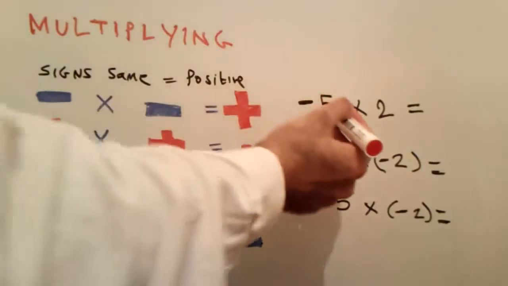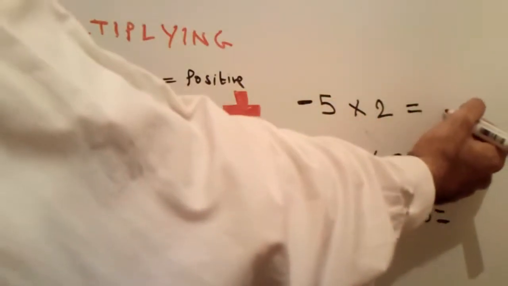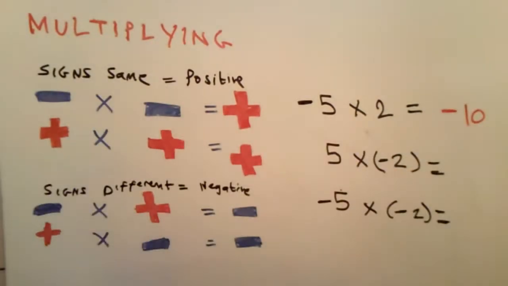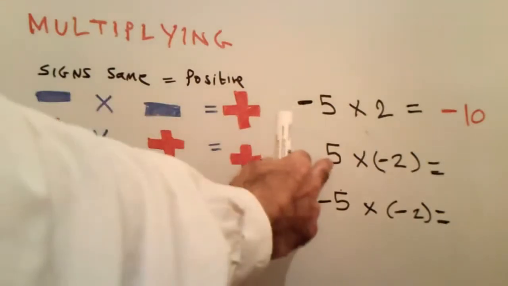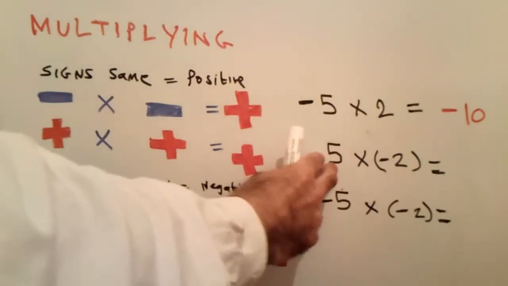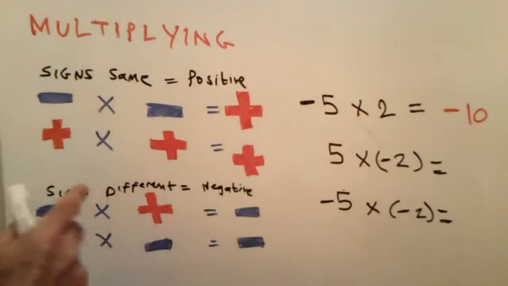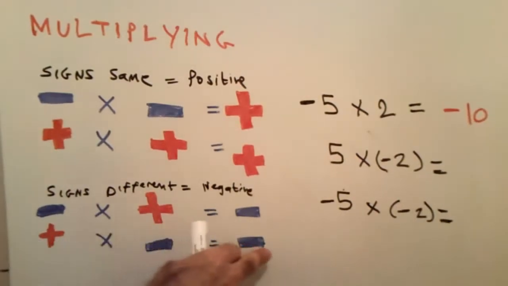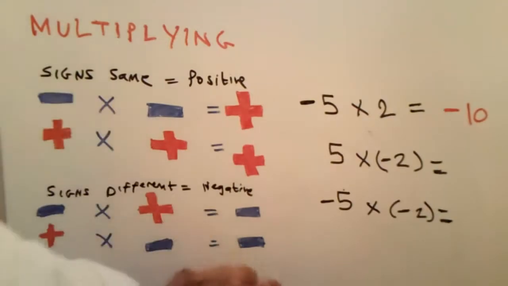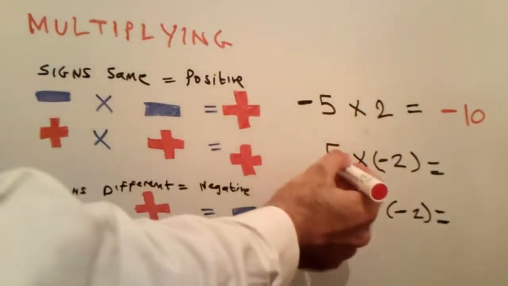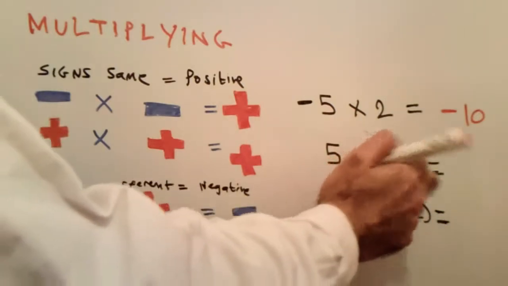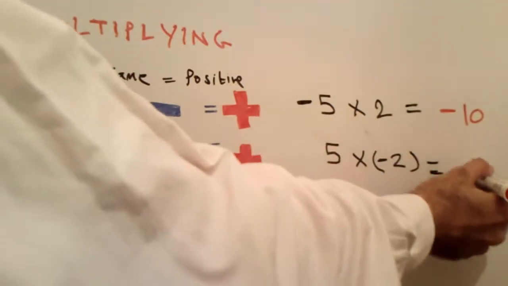So -5 times 2 is -10. What about this one? We've got a positive number multiplied by a negative number. Again, it's a negative number. So positive 5 times -2 is again -10.